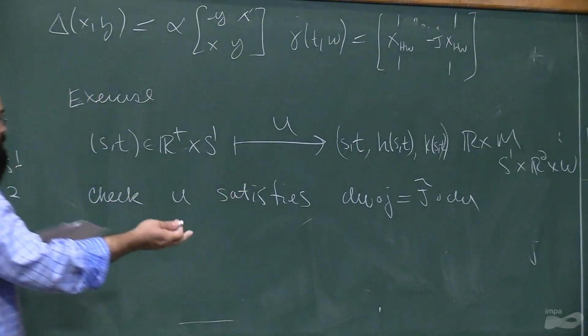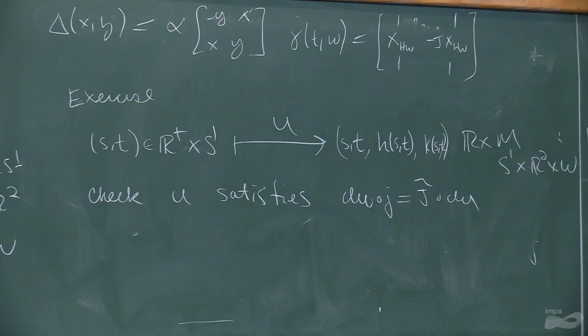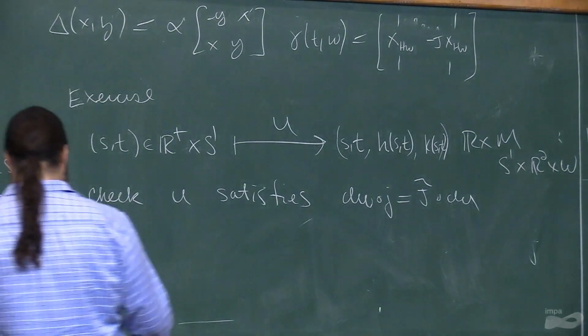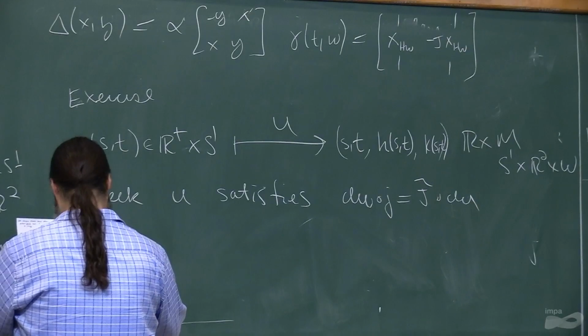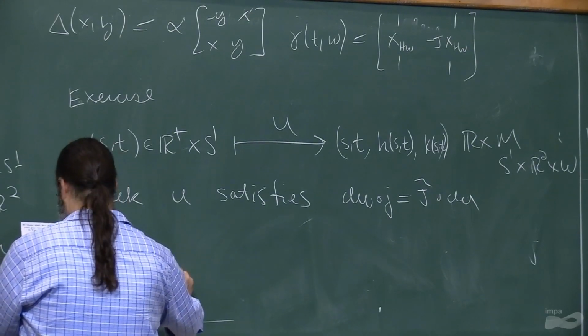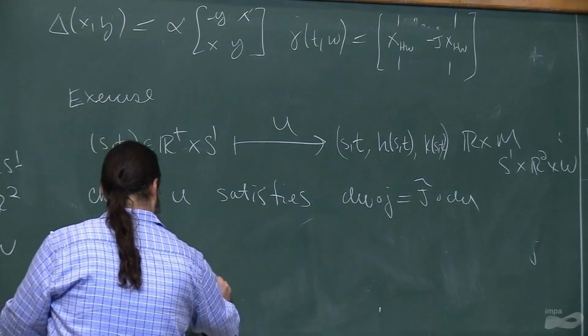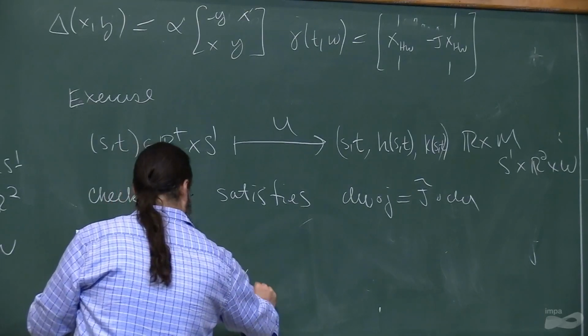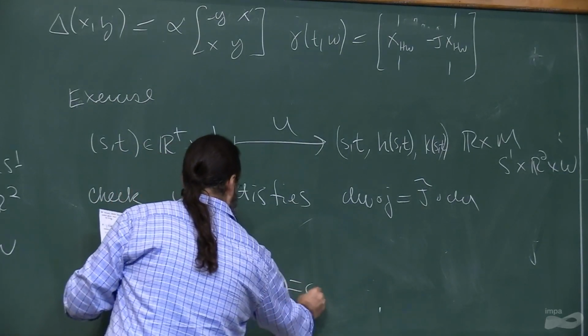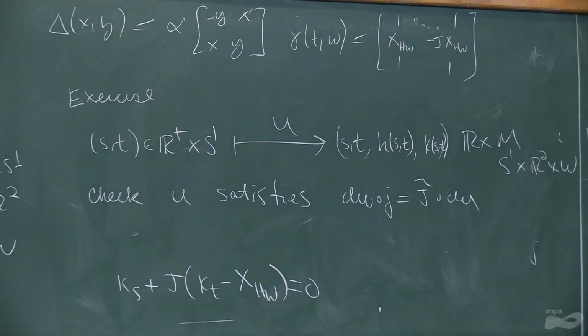I mean, this is Floer theory, and since my Hamiltonian decouples, I get the Floer equation for both components here. So the Floer equation for K, that's less important to me, looks like this: K_s plus J K_t minus the Hamiltonian vector field equals 0. It's easy to construct solutions here because I considered an autonomous Hamiltonian.